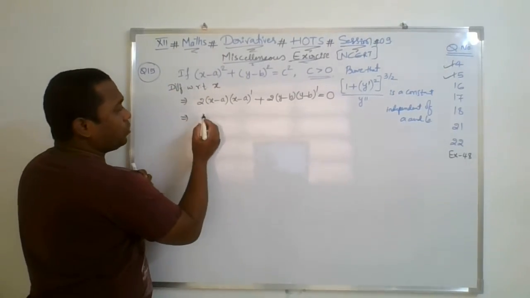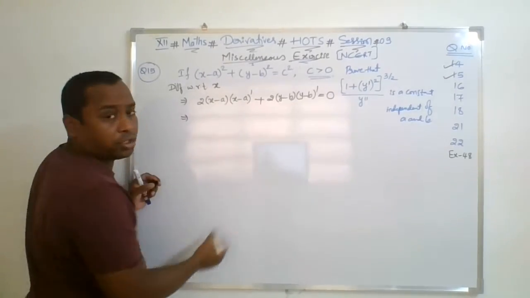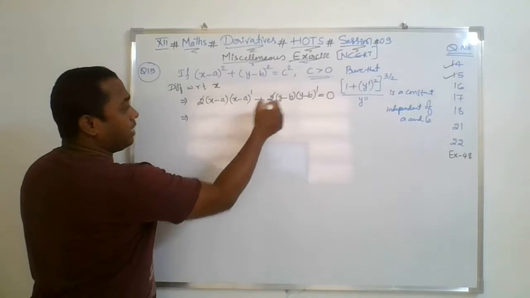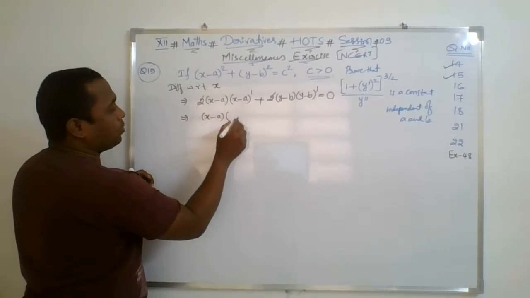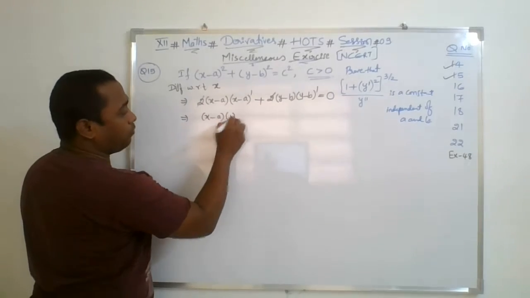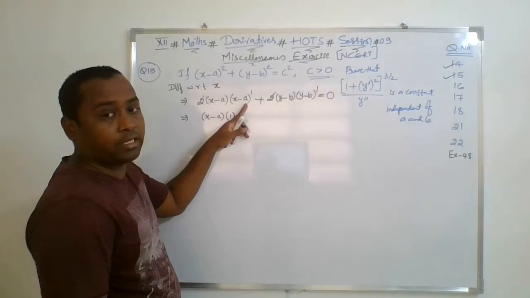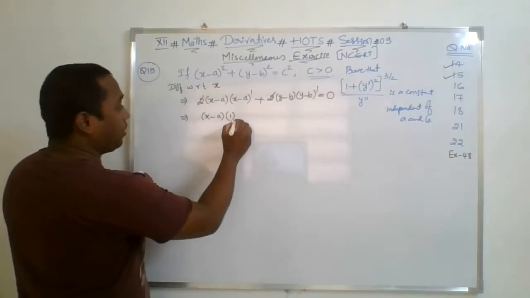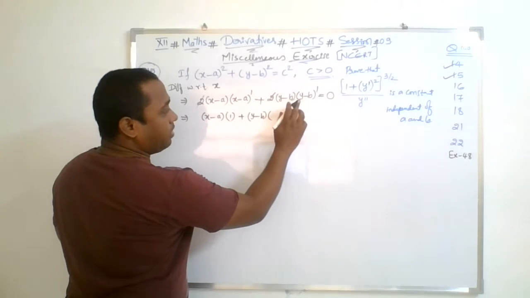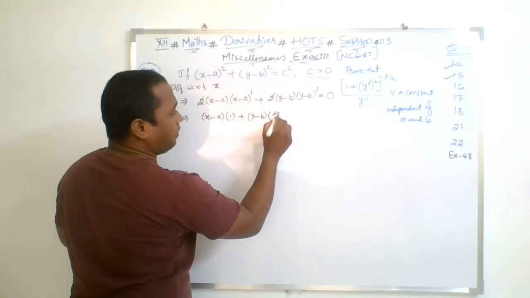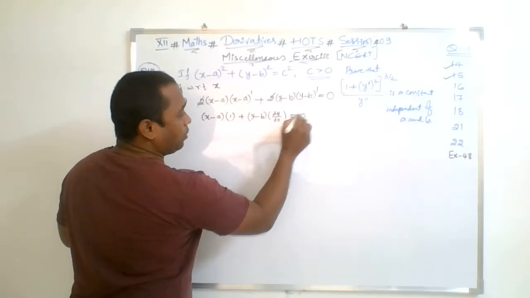Now you can take 2 as a common factor and it vanishes, hence it is eliminated here. So now x minus a into the derivative of this function is 1, because the derivative of x is 1 and a is constant so its derivative is 0, plus y minus b into the derivative of y, which is dy by dx, the rest is 0, equal to 0.